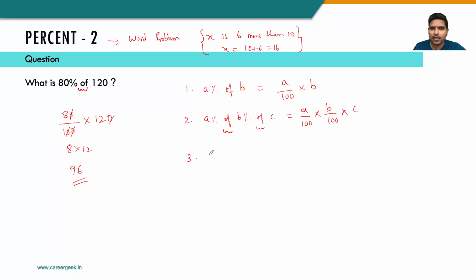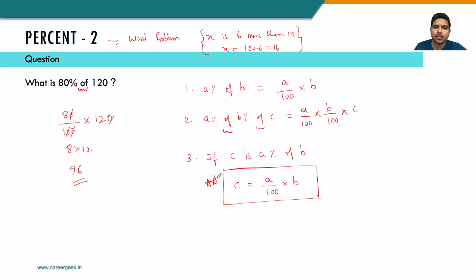Now the basic equation of percentages: let's say this is given. If C is A percent of B, how do we convert this into an equation? C is equal to A percent of B. This is important.